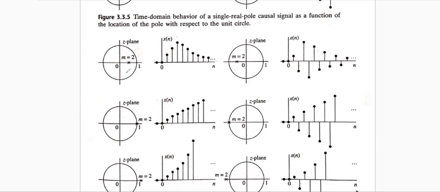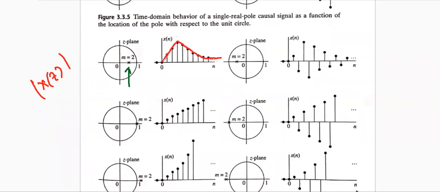Whatever the case, if we have a double pole or multiple poles at the same location, the time sequence looks like this. You can just put in the values, first find X(z), the magnitude, and then for different n you will find that the response is basically stable.